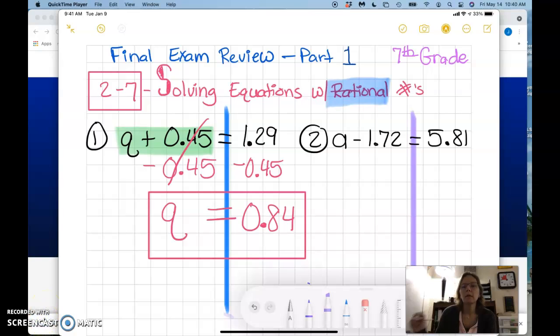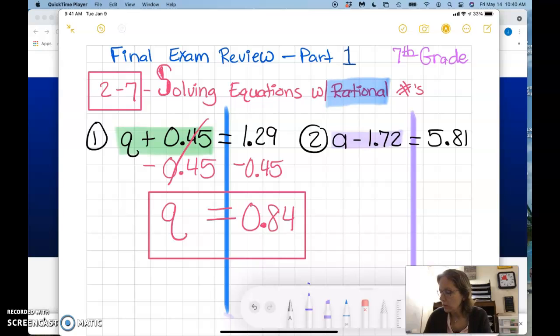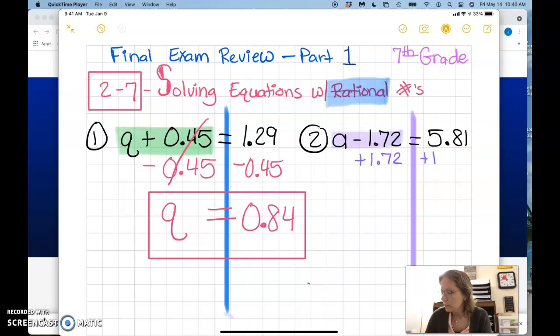All right, so next one. Draw your line down the great divide, down the equal sign. Look at what's happening to the variable and do the opposite. I see minus 1.72, so we're going to plus 1.72. And those are going to cancel.